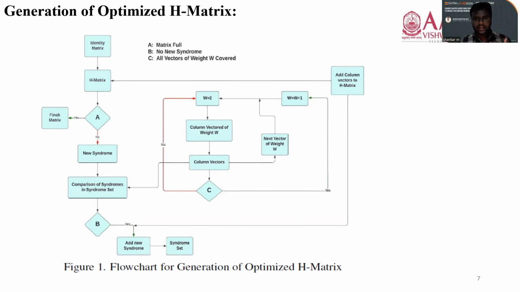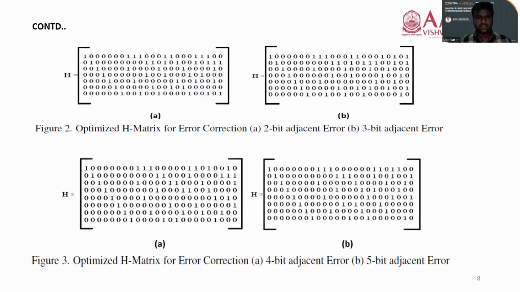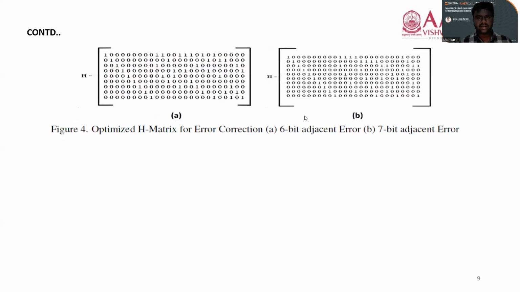So in this paper, we have tried to produce H matrices for 2-bit adjacent errors, as you can see on the screen, and 3-bit, 4-bit, 5-bit, 6-bit and 7-bit adjacent errors. All these optimized H matrices have fewer ones than the previously existing H matrices.